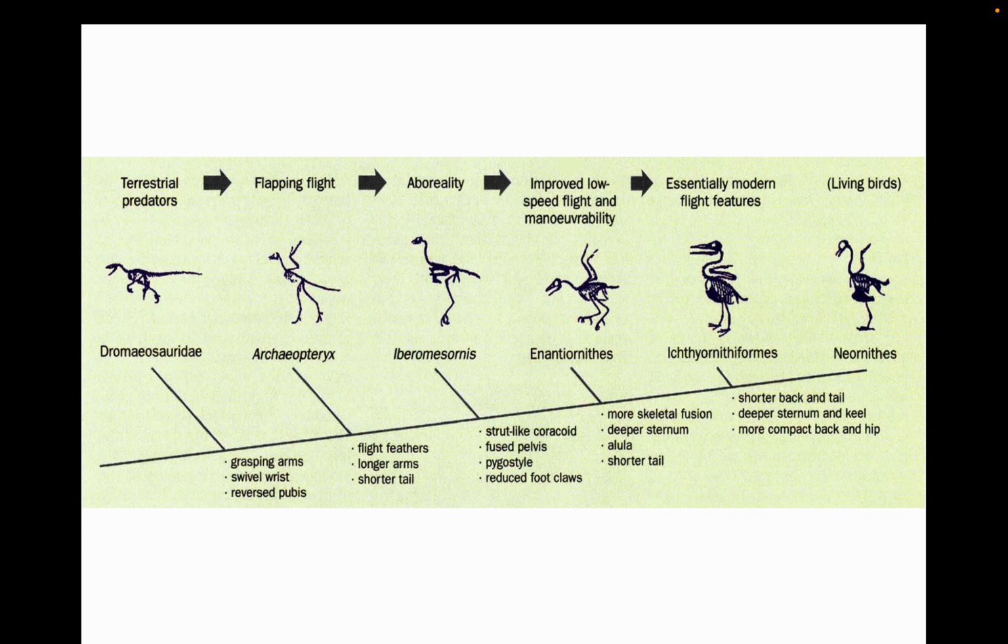So they have a fused pelvis, the presence of a pygostyle, and the claws on the forelimbs have been reduced to smaller ones.